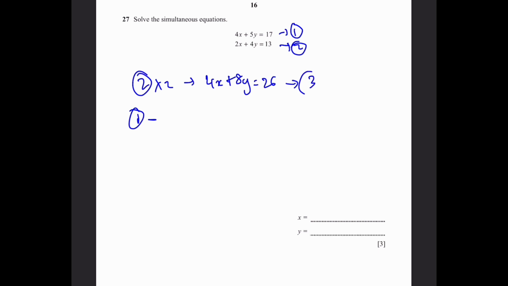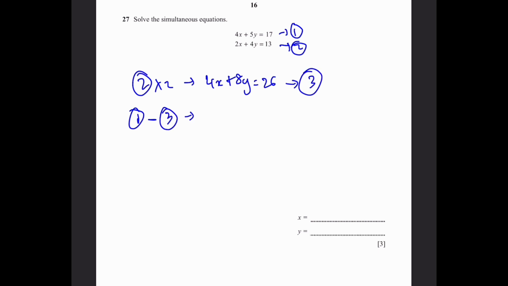Question 27. Solve the simultaneous equations here. So let's take this as equation 1, equation 2. We can multiply equation 2 by 2 to get 4x plus 8y equals 26. Why are we doing this? Because now the x values have the same coefficients. So 1 minus this new equation, which you can call 3.